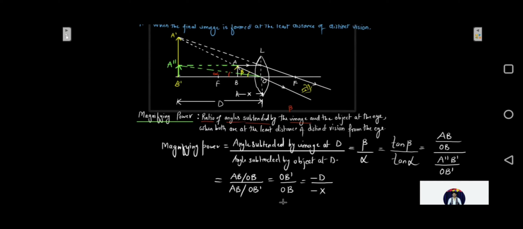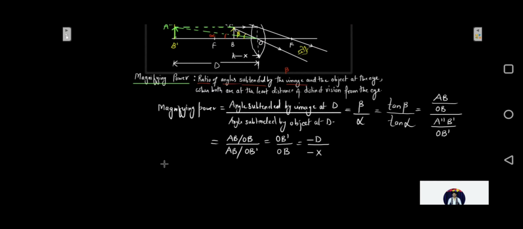So the magnifying power will be equal to what in this case? The magnifying power M is going to be D upon X, that is the least distance of distinct vision, divided by the distance at which the object is placed.